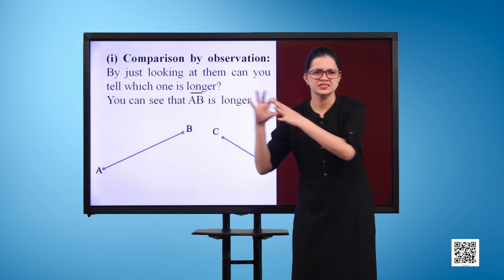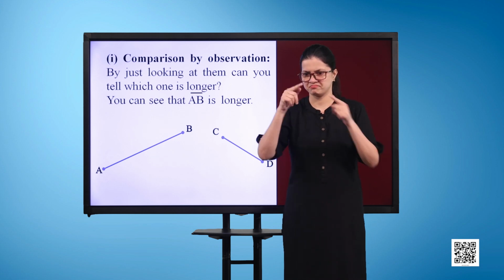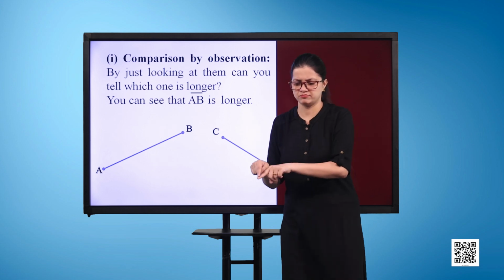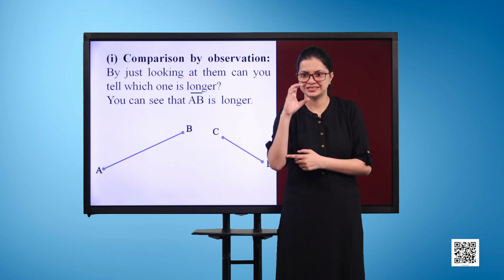By just looking at them, can you tell which one is longer? You can see that line segment AB is longer.